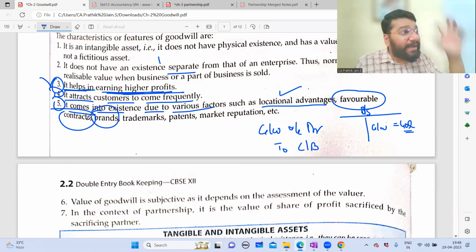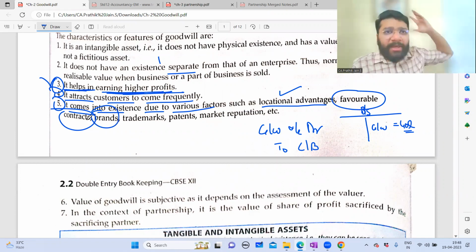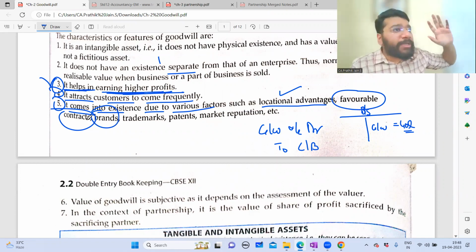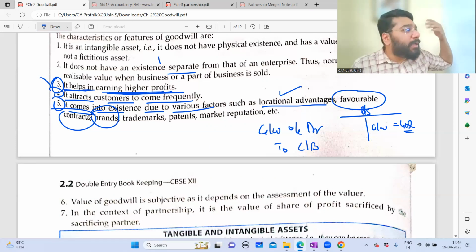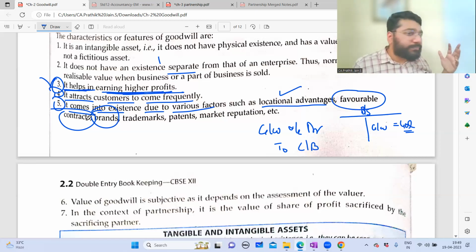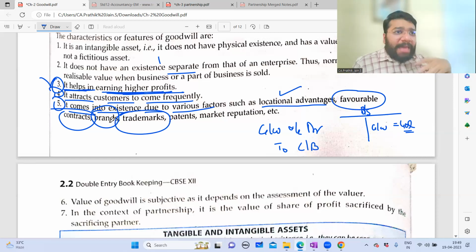You have a certain brand. Your brand has gone so high. Let's suppose if I talk about Baiju, Baiju's brand is next level. Now there's an American company who wants to come and buy Baiju. Why? Because the reputation is so high, the brand value is so high. Trademark: I'm having some trademark which nobody else is having, and because of the trademark you're able to earn more profits.